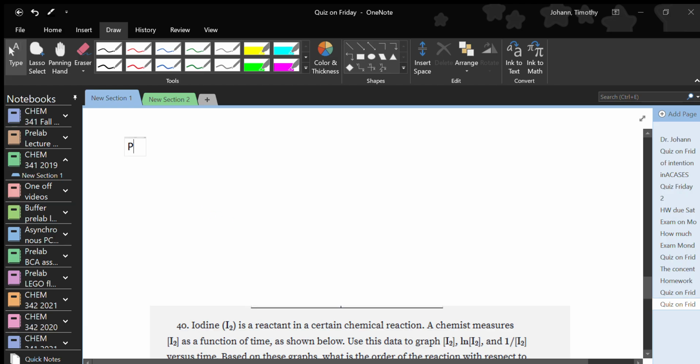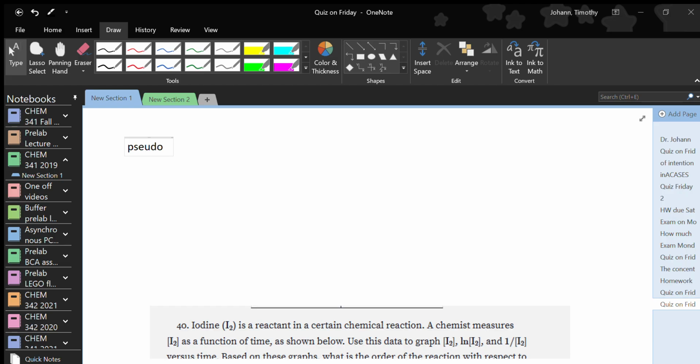So pseudo first order kinetics involves holding the concentrations of all reactants constant and varying one. Okay, and so this is how you're going to isolate the order of that varied reactant.